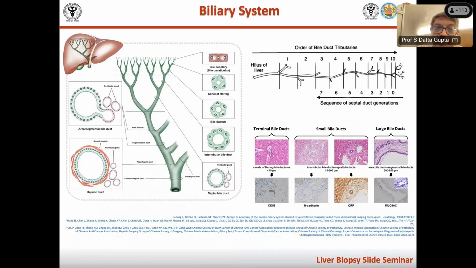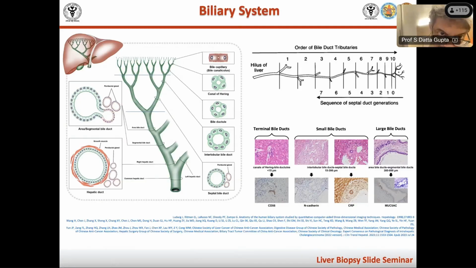Now there is specific nomenclature for this. You have the bile canaliculi and canals of Hering. So this is up to the portal tract level. Then in the portal tracts, you will get ductules. So from canaliculus and canal of Hering, the next term that you use is ductule.